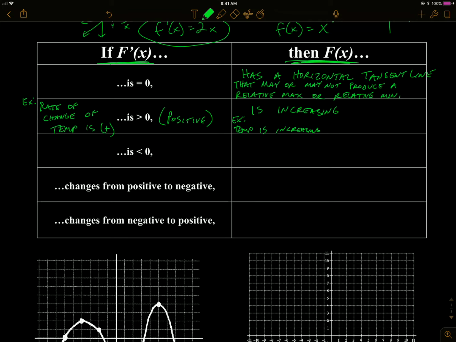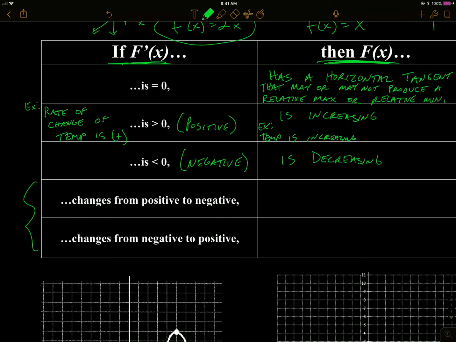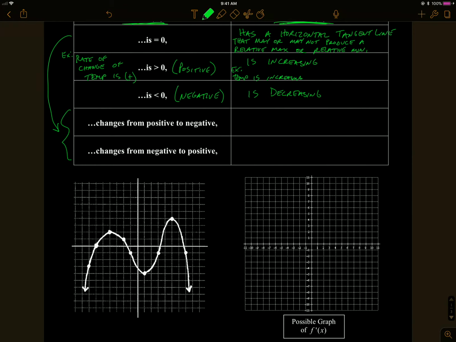Now if the derivative is negative, that would mean my rate of change is negative, so my original quantity is going down. These two go back to when the derivative is 0. It can tell us if there's a max or a min there.